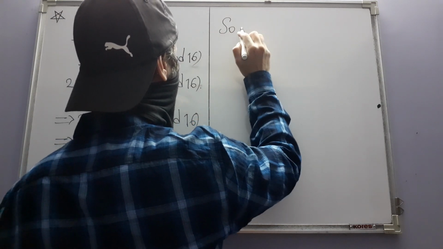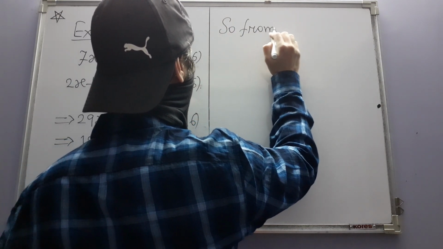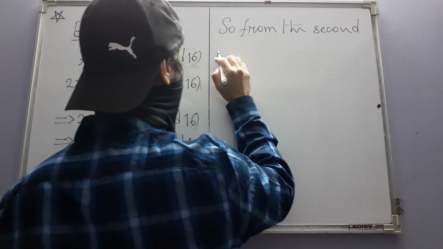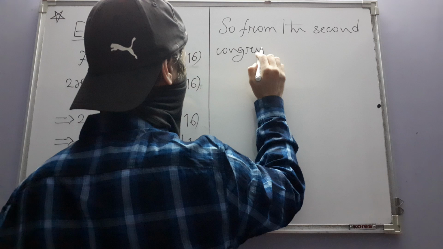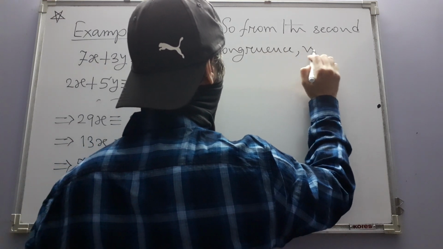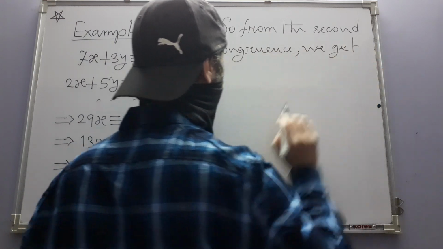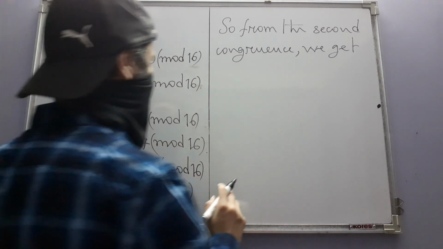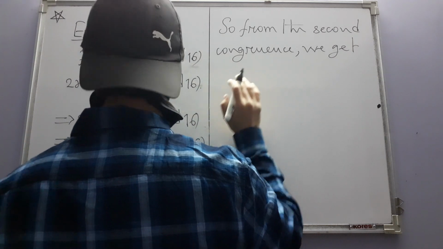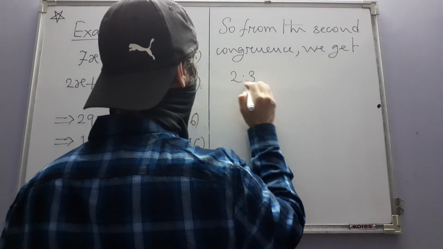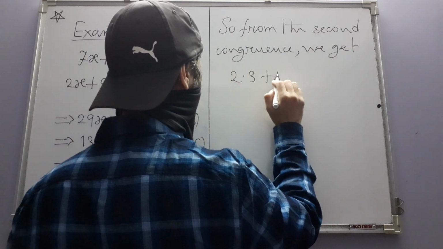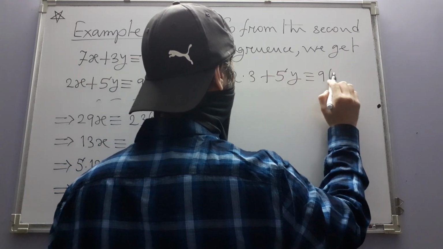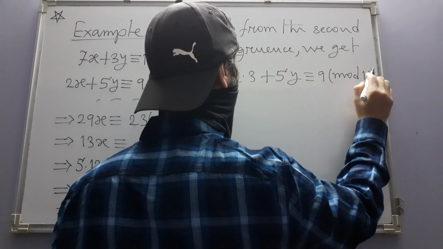So from the second congruence we get, let's do that instead, and let's see what we get. I don't know what we will get. 2 times 3, we should get that same y. 5y is congruent to 9 mod 16.